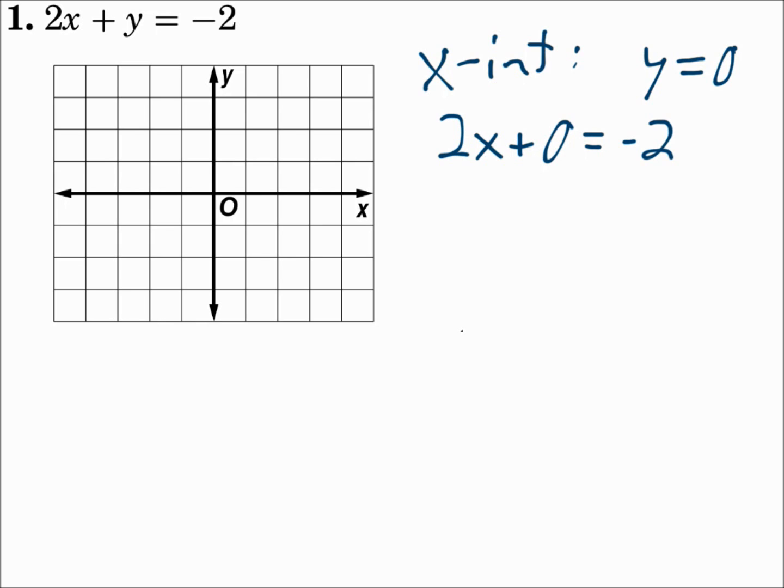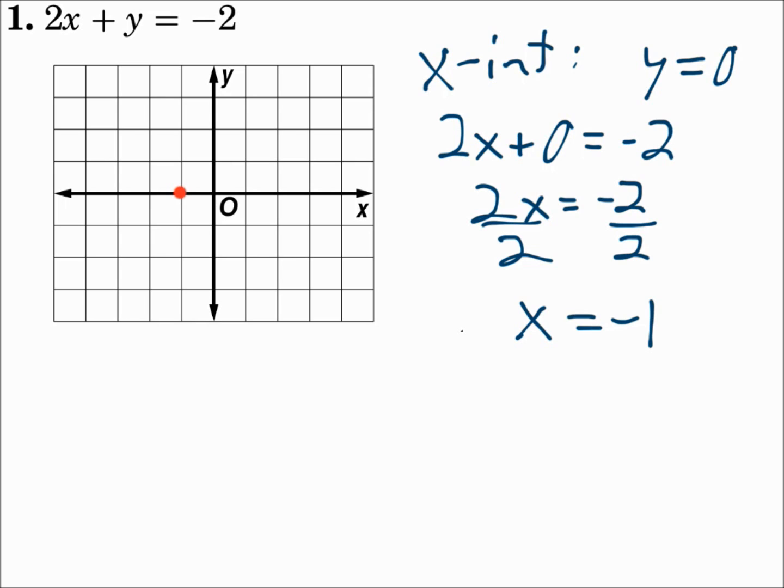Now solve for x. 2x plus 0 is just 2x. That's 2 times x, so do the opposite and divide by 2. The 2's cancel on the left, leaving x. Negative 2 divided by 2 is negative 1. So the x-intercept is negative 1.